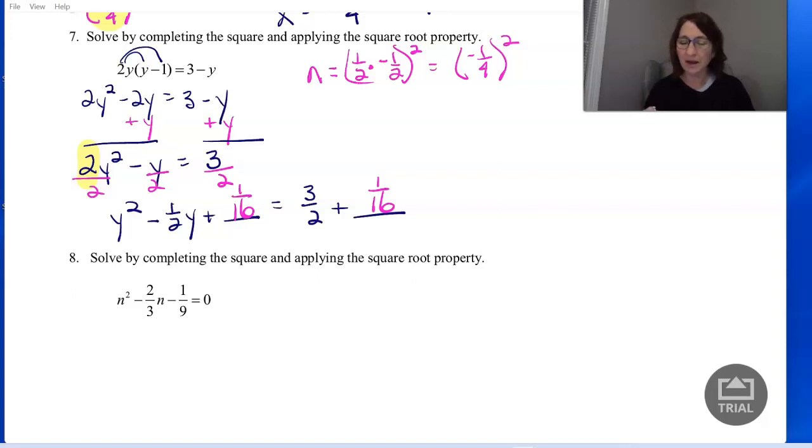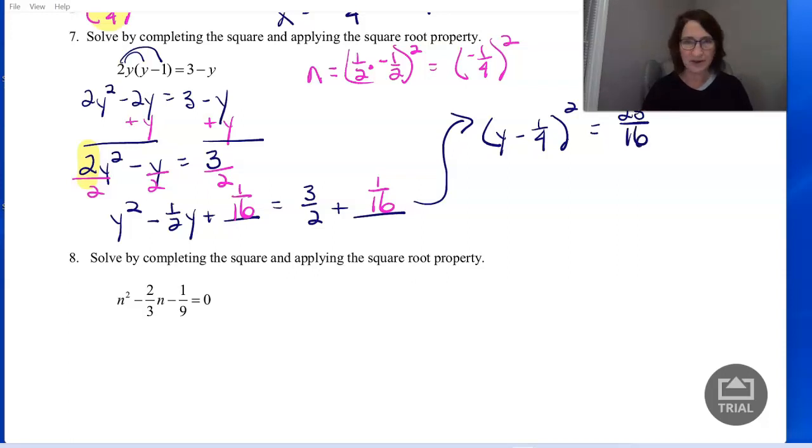So from there, I can go ahead and create my binomial squared. That's going to be y minus 1/4 raised to the second power. And then if I add 3/2 plus 1/16, that's going to give me 25/16.